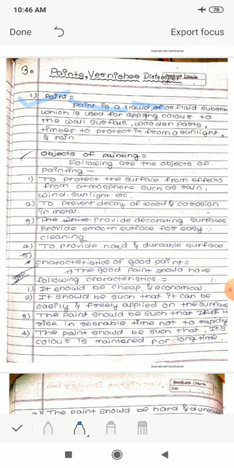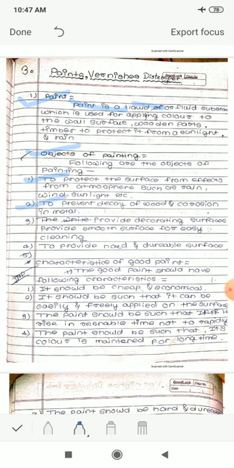The next one is the objects of painting. The first one is it protects the wall surface from the attack of rain, wind, and sunlight. If you apply the paint on the wall surface, it will protect the surface from the rain, wind, and sunlight.